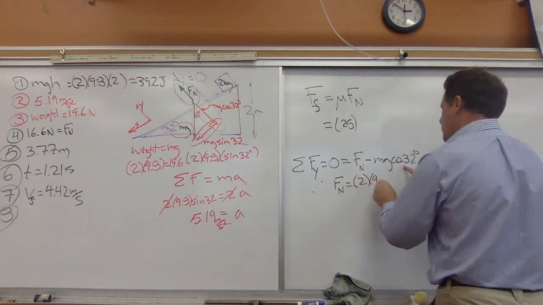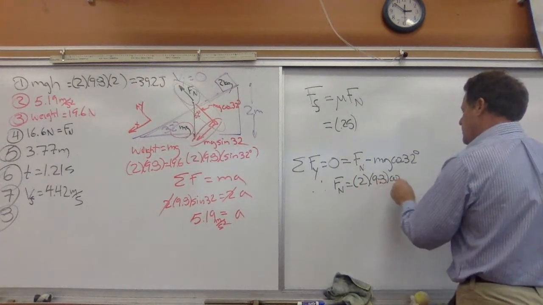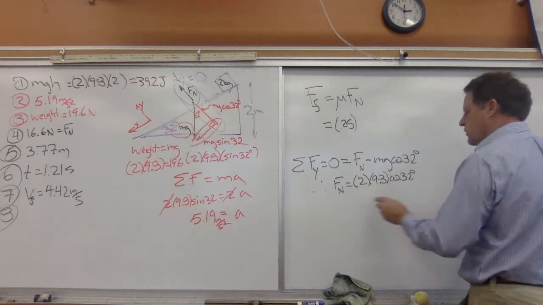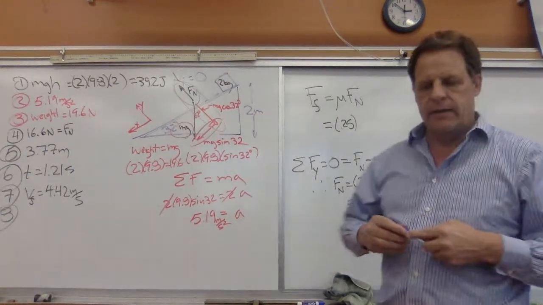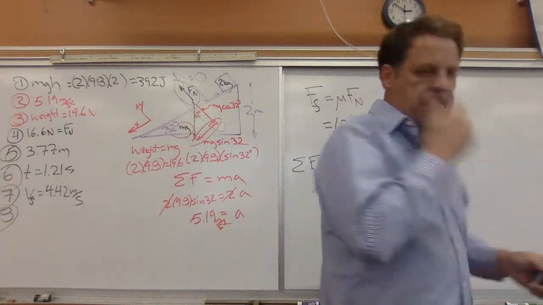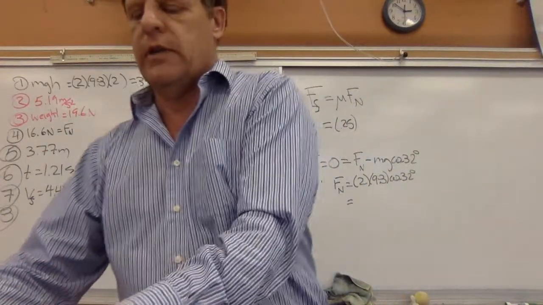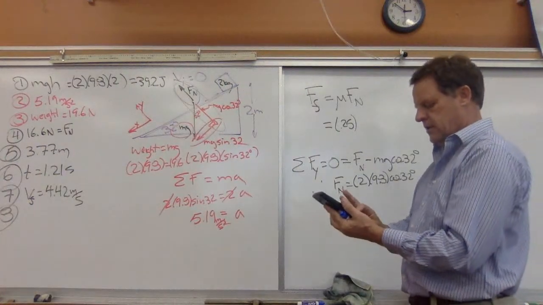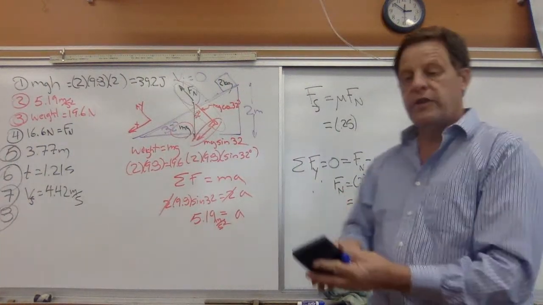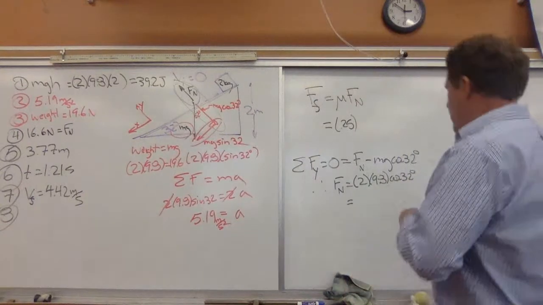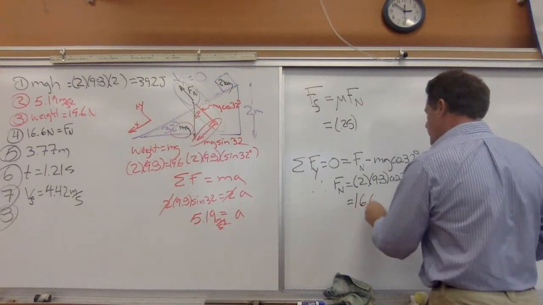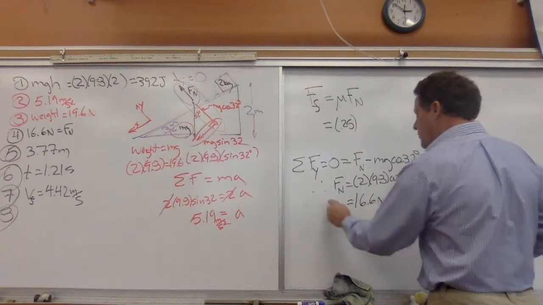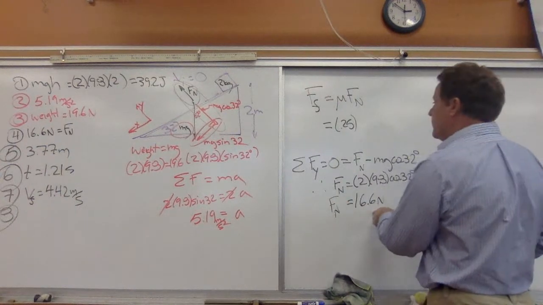So that's going to be 2 times 9.8 times the cosine of 32 degrees, and we are going to get 16.6 newtons. Remember, that's our normal force.